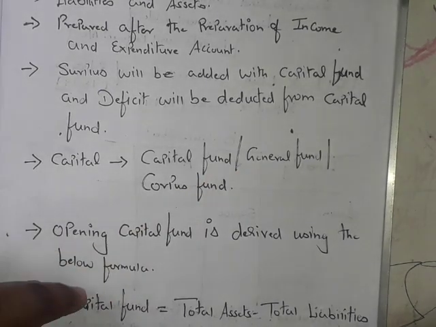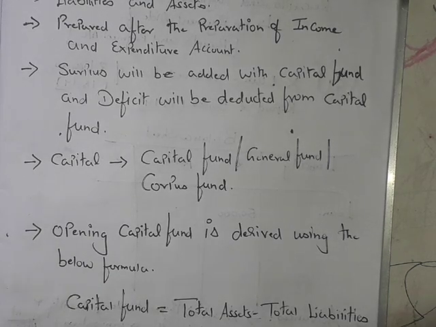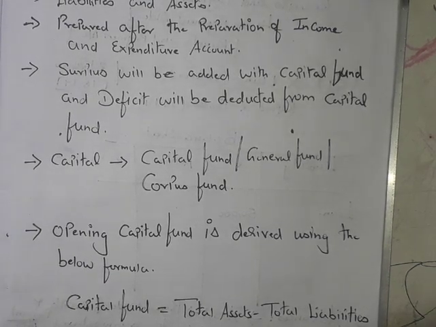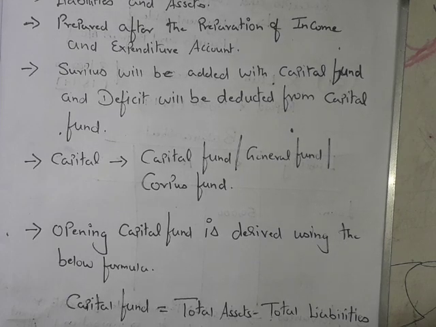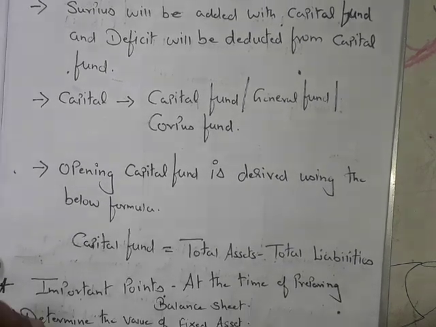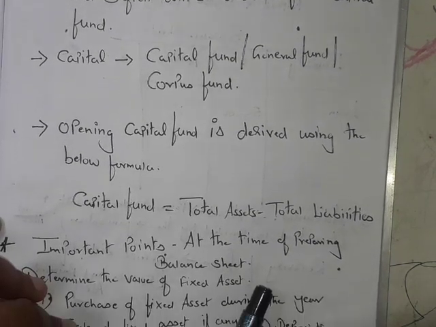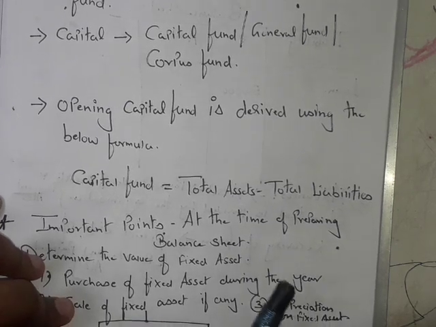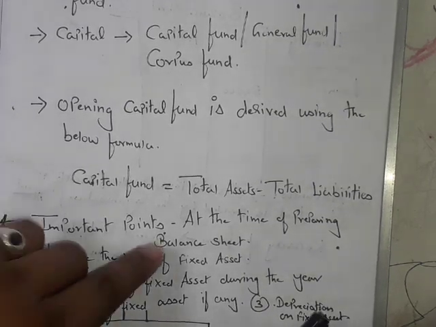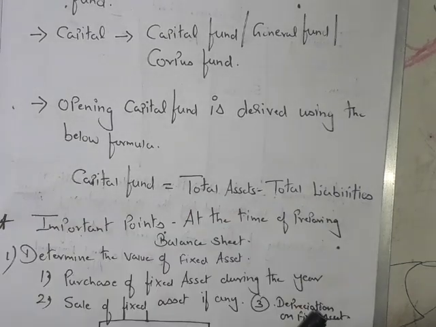If we want to find out the opening capital, it is found by using the formula: capital fund is equal to total assets minus total liabilities.